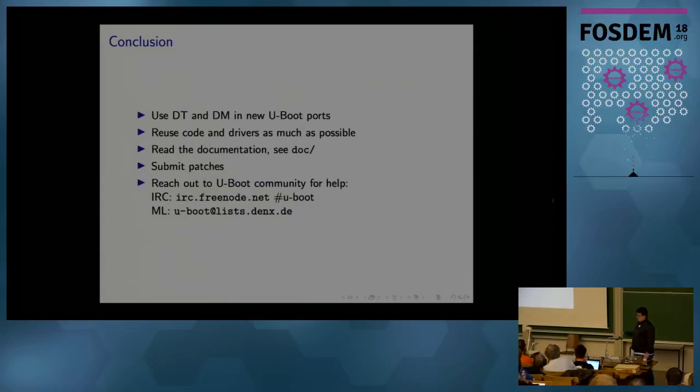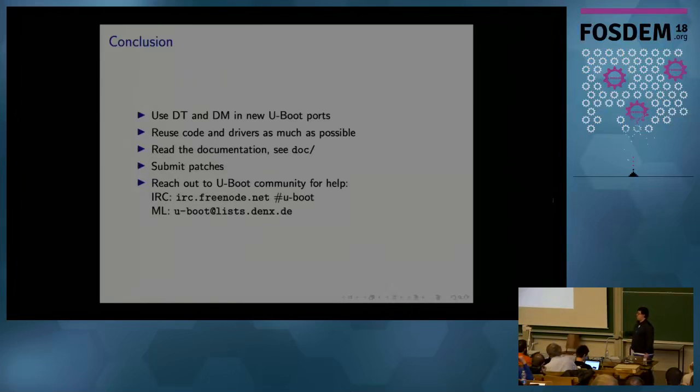If you have some fixes, submit patches. It may just happen that it will not go in on the first try, but keep going. Run them through the CI before submitting, run them through checkpatch. And if you need some help, check the documentation, it's in the doc directory. If that's not enough, turn on IRC, just ask questions, and wait for a couple of hours because there may not be anyone on IRC who actually knows the answer to the question.